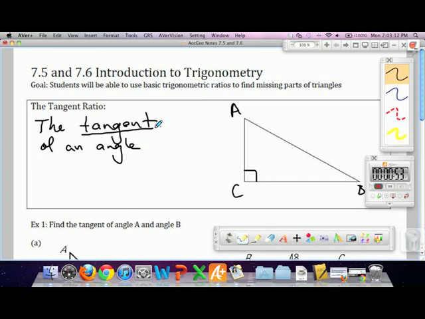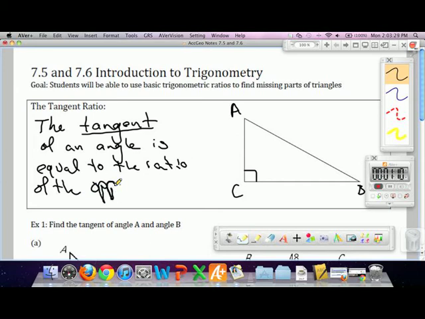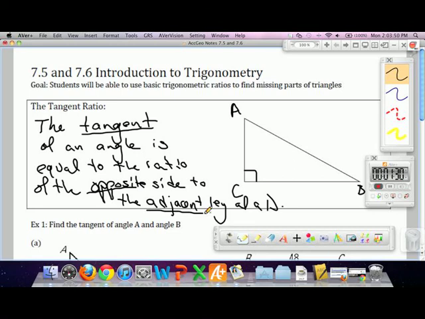This tangent ratio, or the tangent of an angle, is equal to the ratio of the opposite side to the adjacent leg of a triangle. The tangent of an angle.